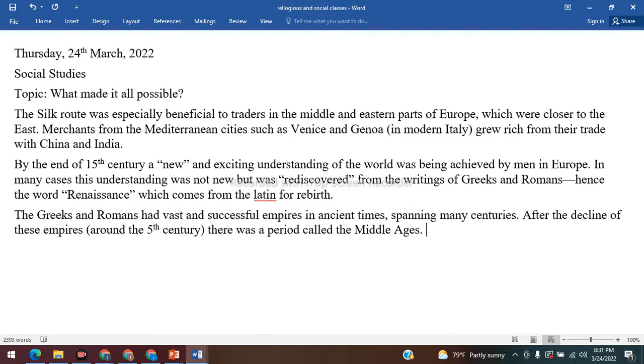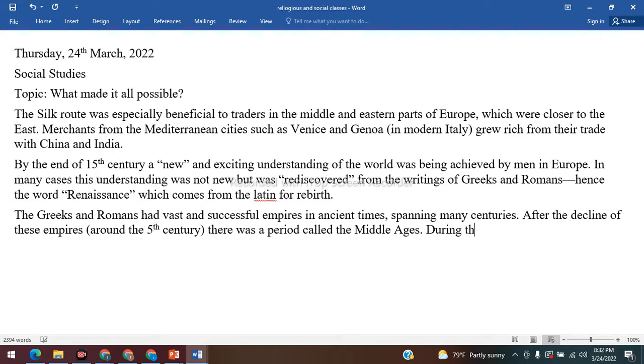It was dark because there weren't really many inventions, and knowledge wasn't being spread out, utilized and disseminated.